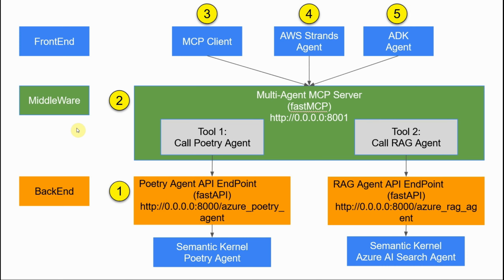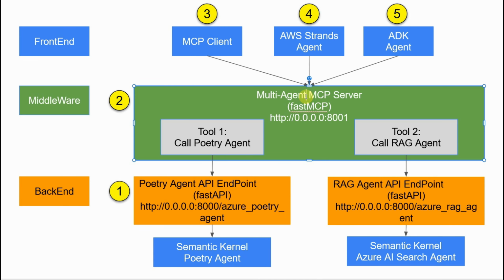Alright, so let me recap what we were able to do in this video. So first of all, we have created two agents using the semantic kernel SDK, the Poetry agent and the Azure AI Search agent, or Reg agent. Then we have deployed the API using a FastAPI application, and we created two endpoints for the Poetry agent and for the Reg agent respectively.